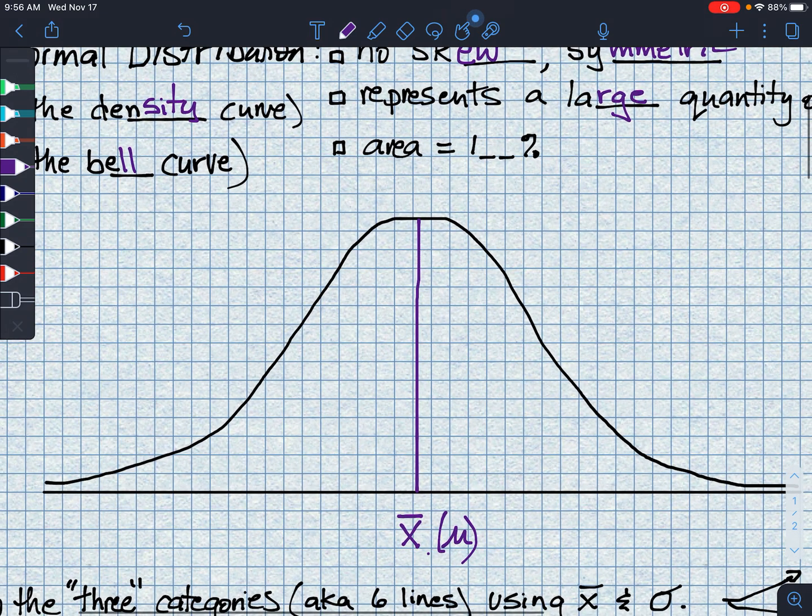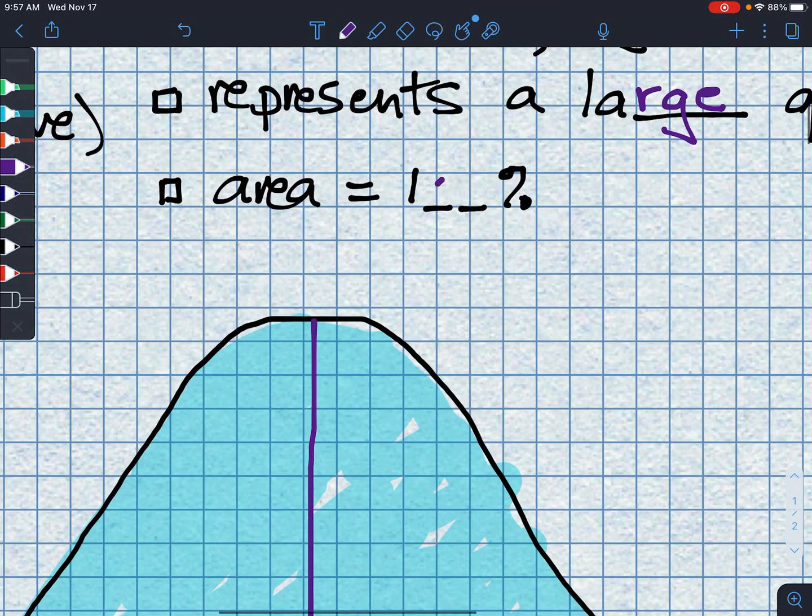The area that lives between the curve and that x-axis is everything. It's the whole population, and so we will represent it as 100% or 1.